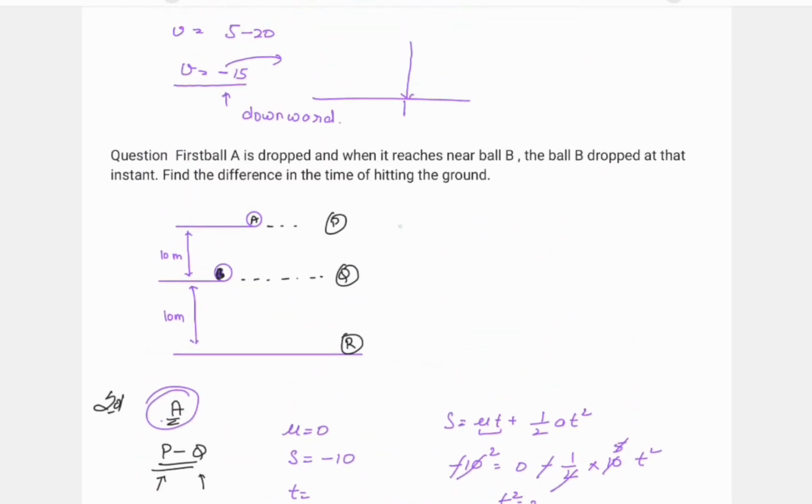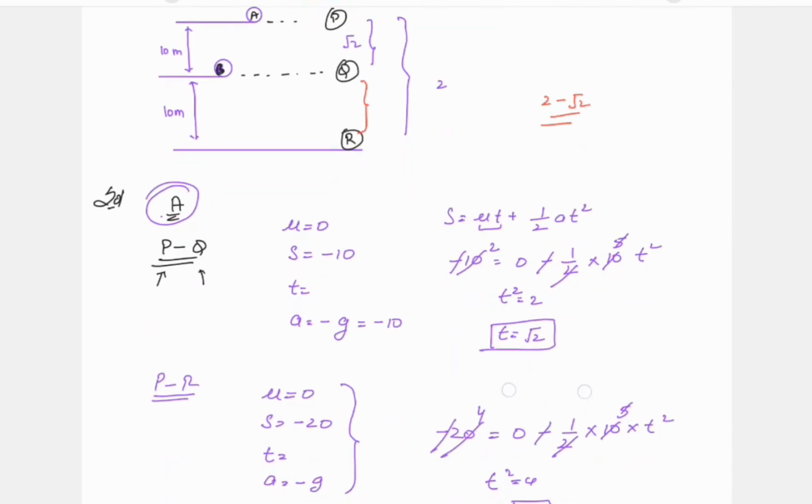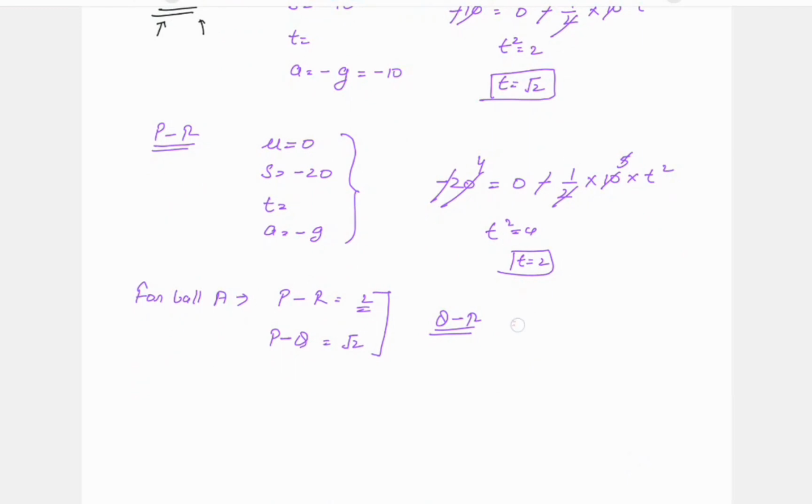The total time is 2 seconds, this time is root 2 seconds, then this time is going to be 2 minus root 2. Now note this down: this is going to be 2 minus root 2. This is for ball A.